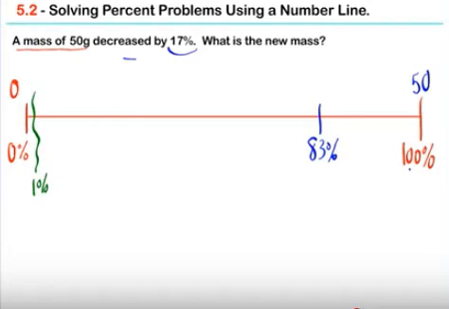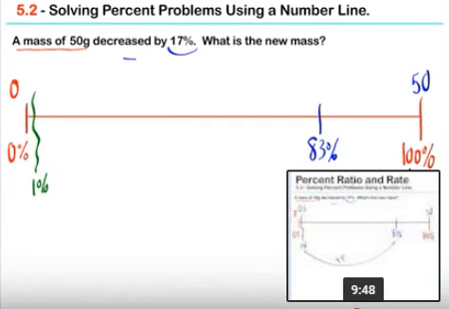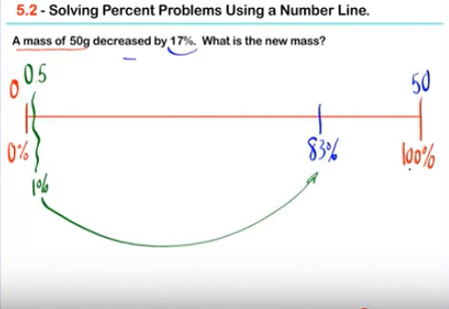So 50 divided by 100 will be 0.5. So the equivalent amount to 1% is 0.5.